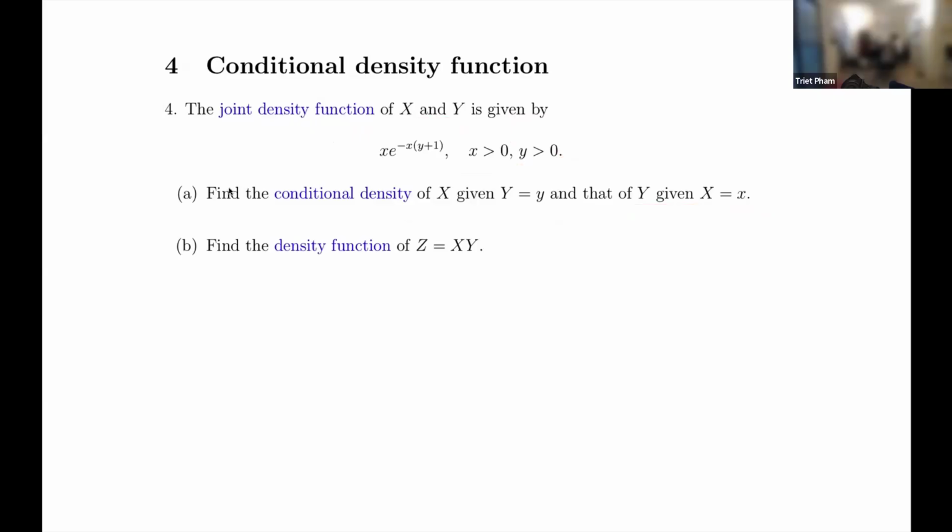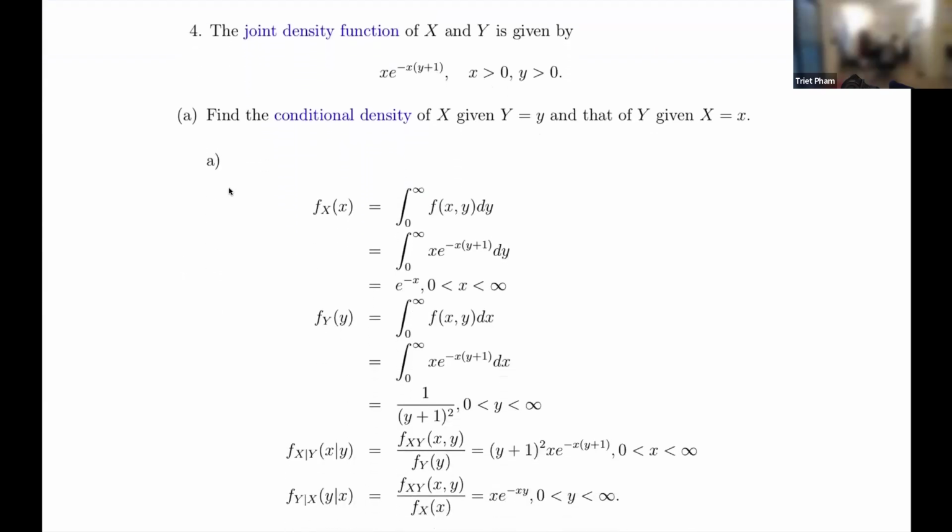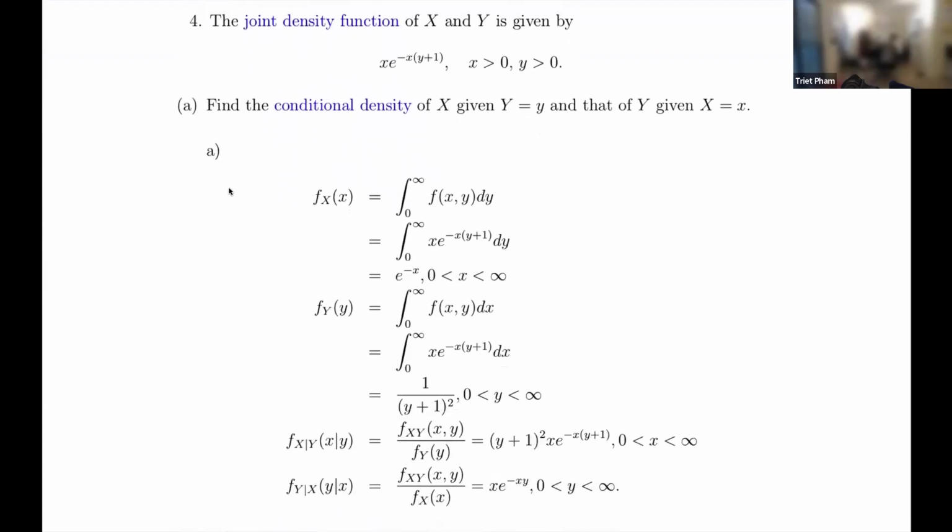So basically here, there's not much to do besides applying the formula that the conditional density, let's say x given y, is the joint over the marginal. And so you just have to do the work to find the marginal and divide. So nothing really fancy there. Basically, you just get some result.